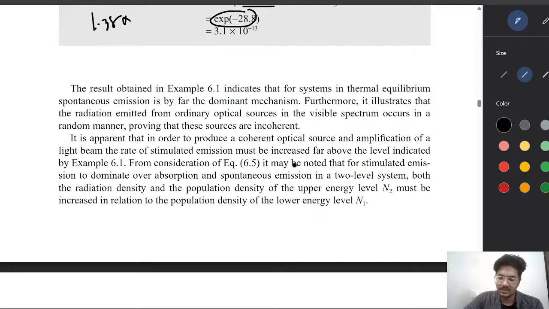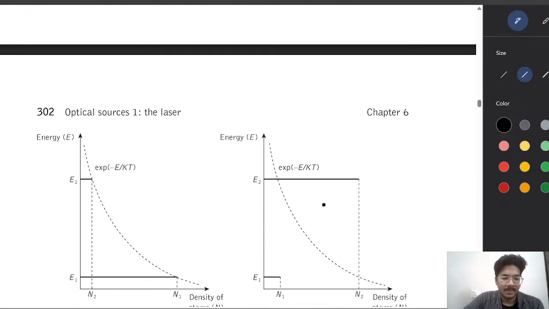So here is the important relationship between the ratio of the stimulated rate to the spontaneous emission rate. Why is population inversion needed for a laser? To make a laser we need stimulated emission far greater than spontaneous emission, and stimulated emission greater than absorption.